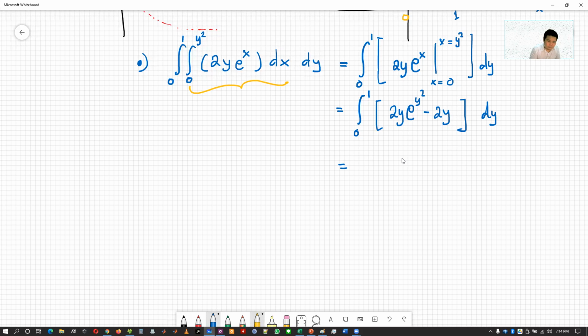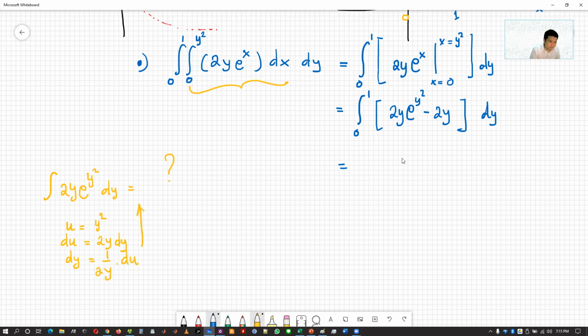Just to remind you, what is the integral of 2y e to the power of y squared? How can we calculate it? We use the substitution method. Let's consider u as y squared, and then du is 2y dy. And then dy is 1 over 2y du.